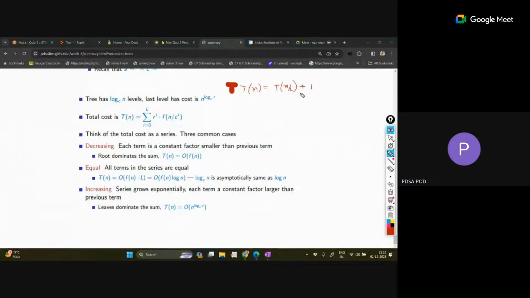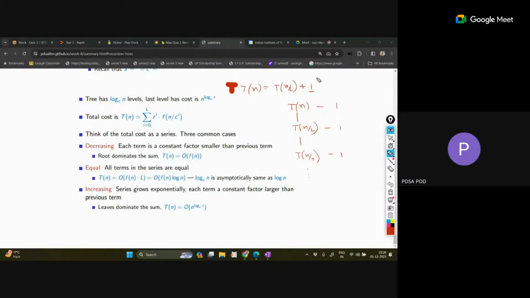In this case, if you draw the recursion tree, we have T(n) and only one call, T(n/2). The number of operations required at this level is 1, a constant operation. It does not depend on the input size. We are comparing the middle element with the searching element. So this is also 1. This is T(n/4). This is also 1. At that time we will reach the last level.